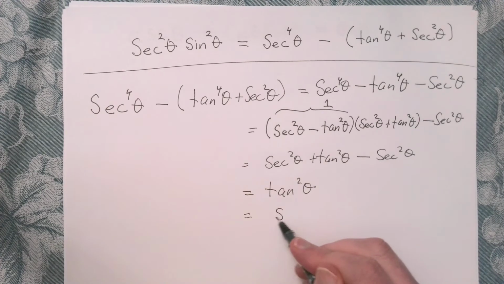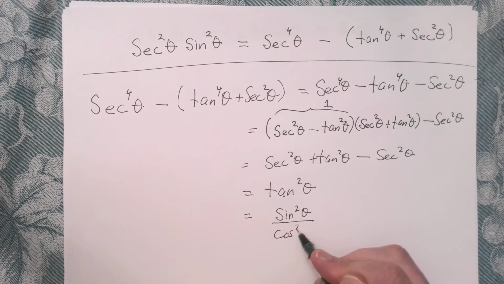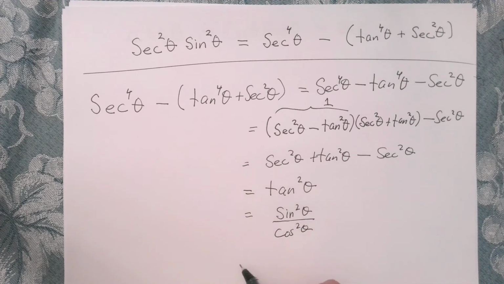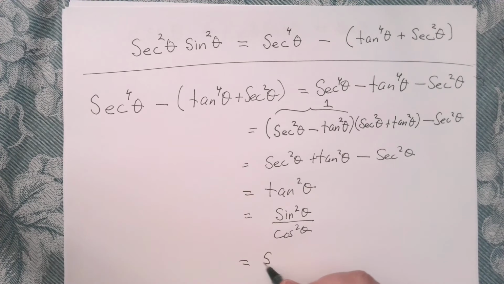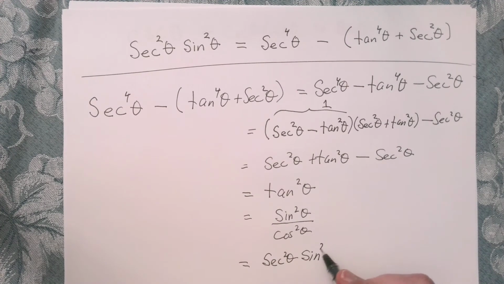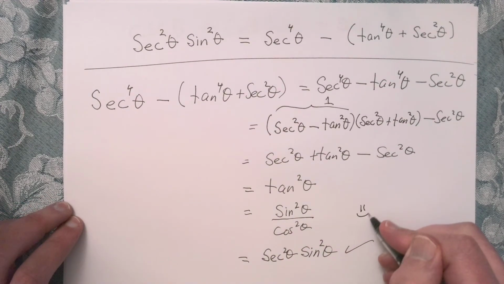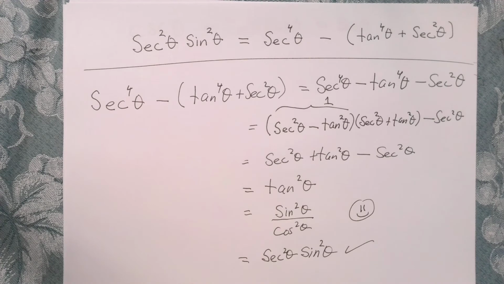So this is exactly sine squared of theta over cosine squared of theta. But I know that downstairs cosine is upstairs secant, right? Just by reciprocal properties. And this is exactly where we wanted to land. Well, that seemed pretty nice.